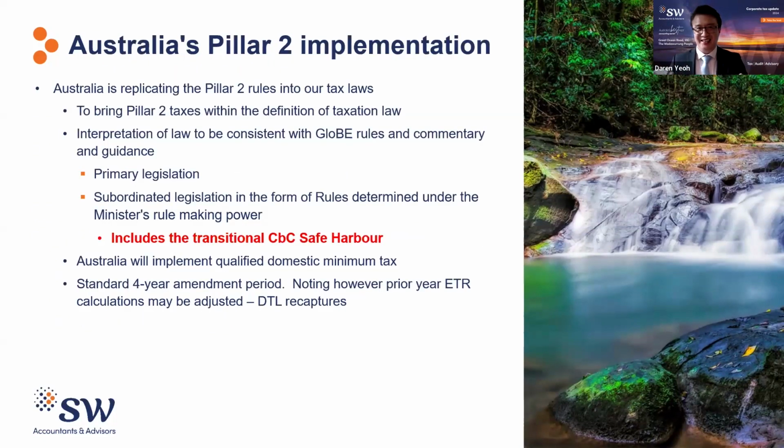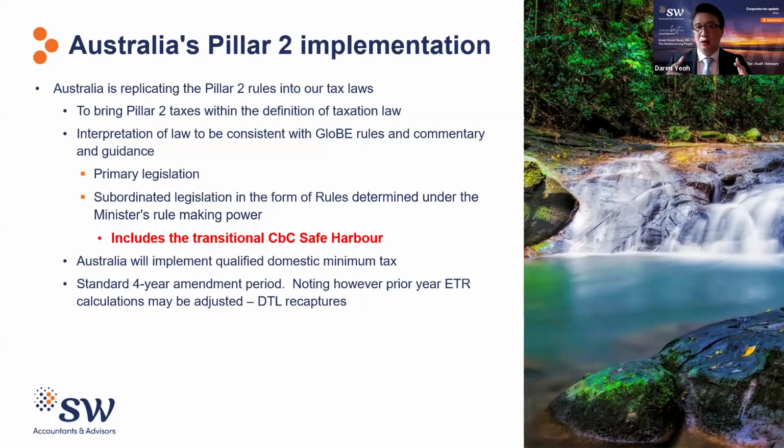So this is a proposed legislation. So Australia is, instead of referring to the OECD rules as being part of our legislation, including Pillar 2 by reference, which I understand is the New Zealand approach, we are replicating, copying or rewriting the Pillar 2 into our tax laws.